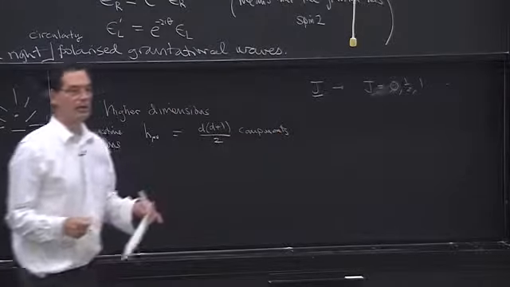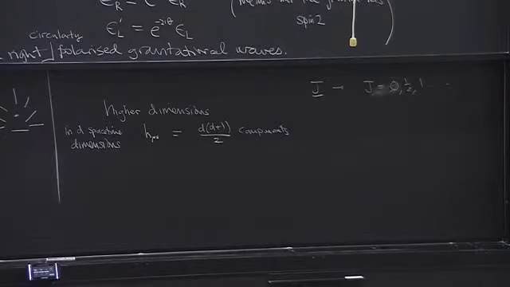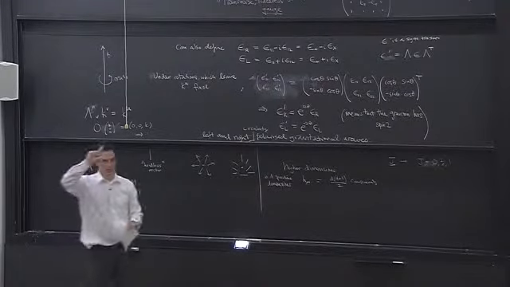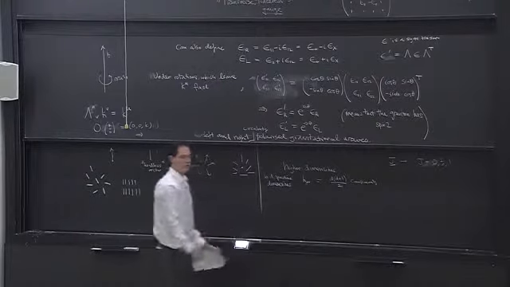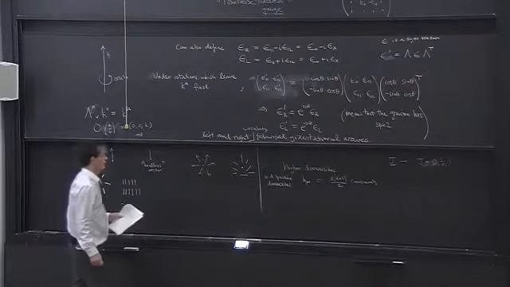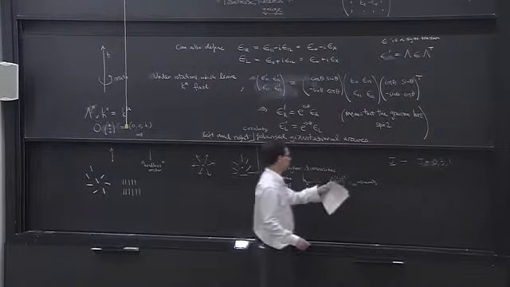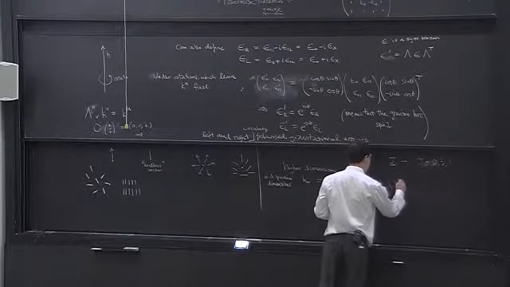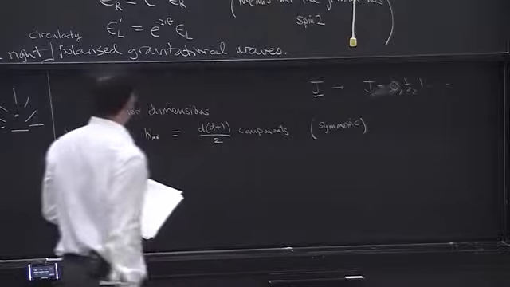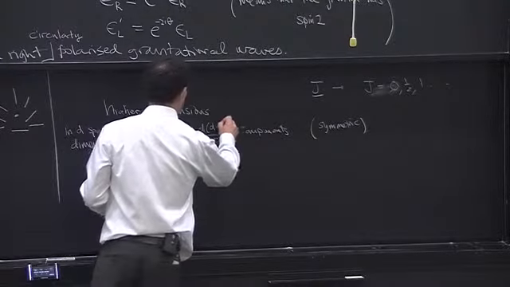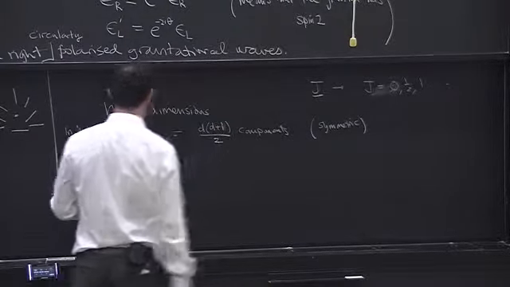Right? It's a symmetric matrix. So there's d(d-1)/2 off-diagonal elements for a symmetric matrix, and then there's d diagonal components. And you add those two up, you get d(d+1)/2, because it's symmetric. And that's equal to 10 in 4 dimensions.